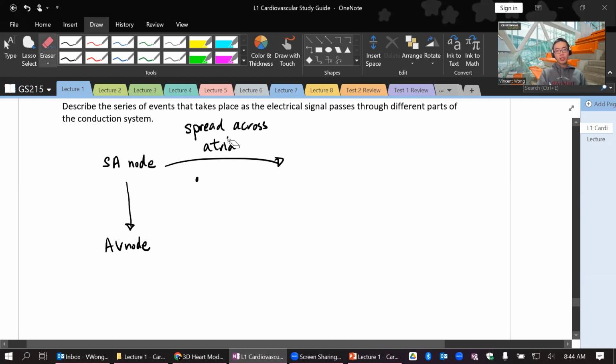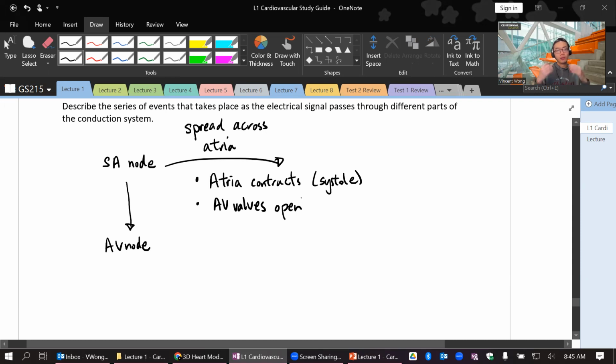After the signal reaches the atria, or as it's passing through the atria, the atria contract. So this is systole, right? What happens when the atria squeeze? When the atria squeeze, the AV valves open.